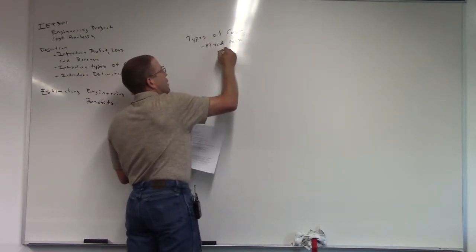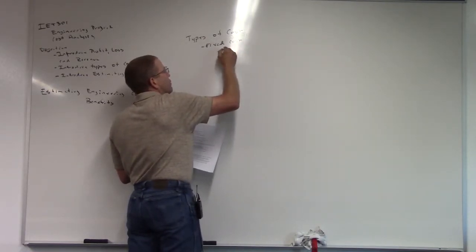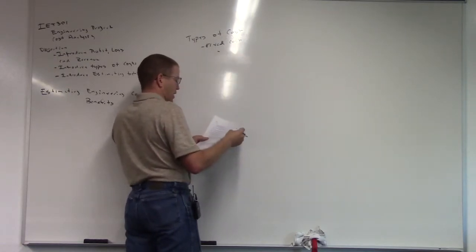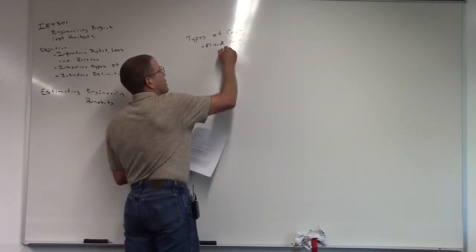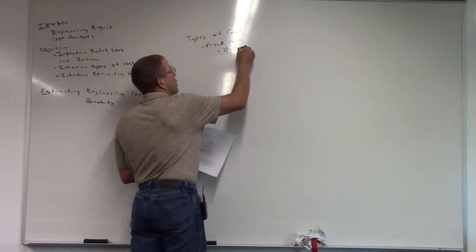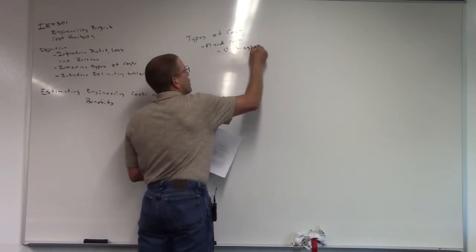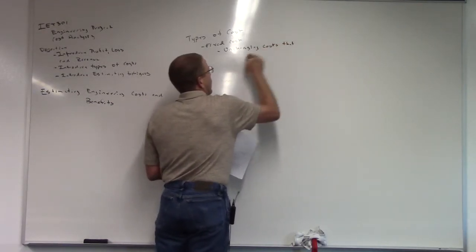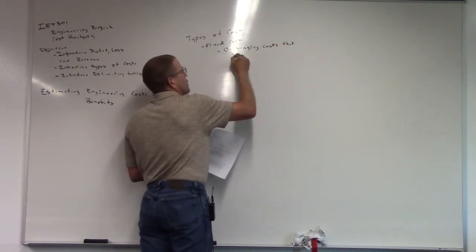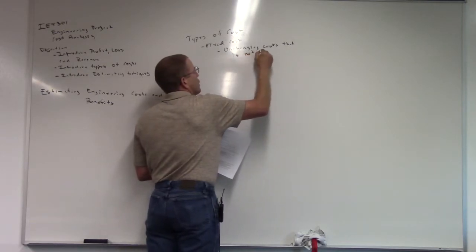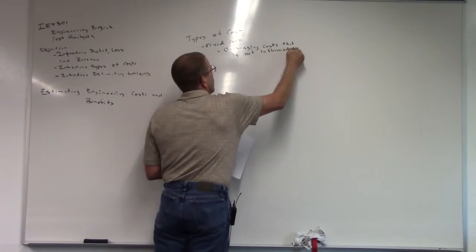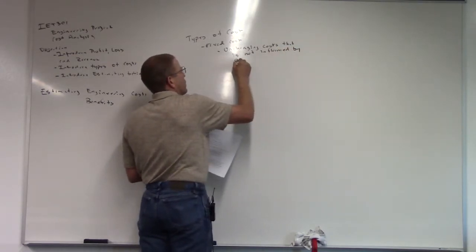How did the book define it? The constant or unchanging cost that is not affected by quantity produced.